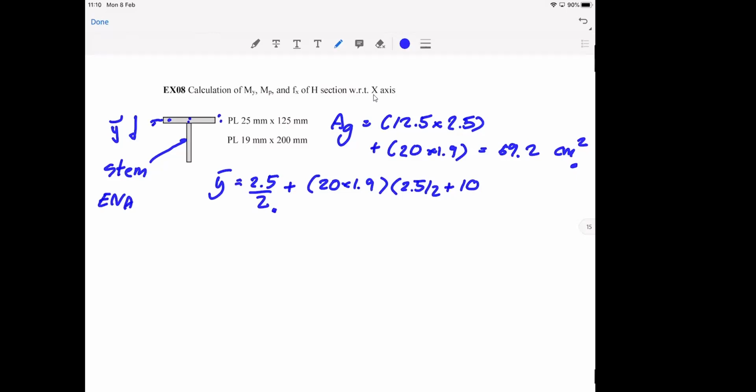We call it a stem. So this is the area of the stem times the distance from the center of the flange, which is half the flange plus 10. Okay, and then divide by the total area, which is 69.2. That gives me roughly 15.02 centimeter from top.